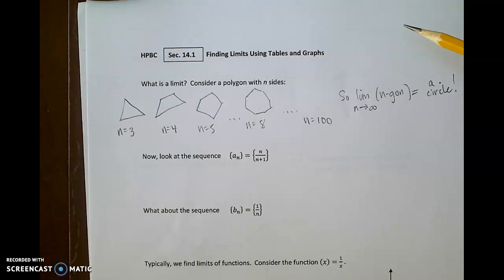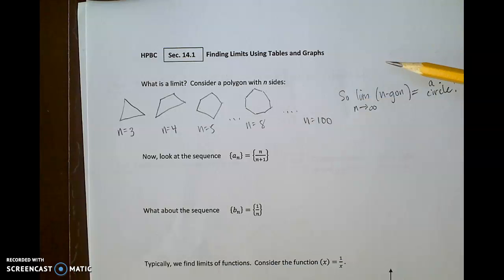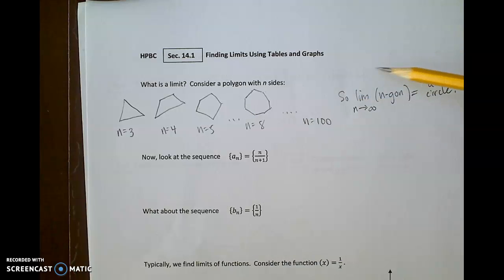Now we know that it wouldn't actually be a circle, because a polygon has to have flat sides, but as we get to a figure that has a really large number of sides, it starts to look like a circle.